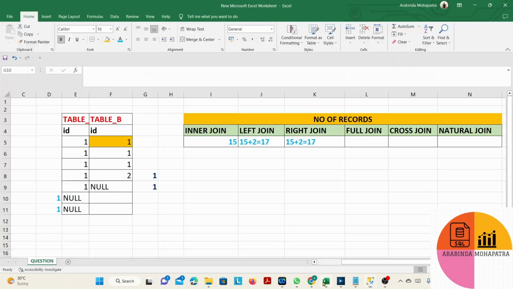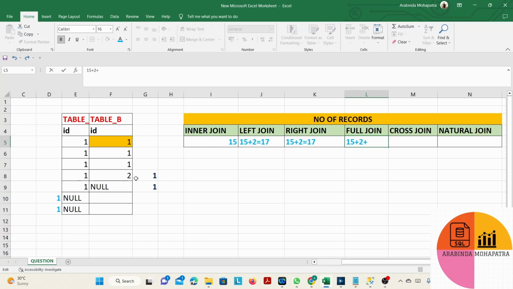So let's understand from here. The inner join will get 15 records plus, let's understand from the left join. From the left join, these two records are not present in the right side table, so these two records will come. This is the number of additional records coming from the left join.